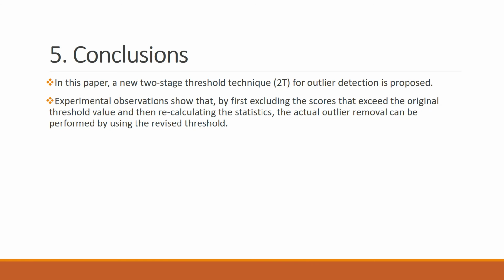The actual outlier removal process can be better. So it wants to say that we have to repeat the process twice to detect more outliers in a dataset which has a lot of outliers.